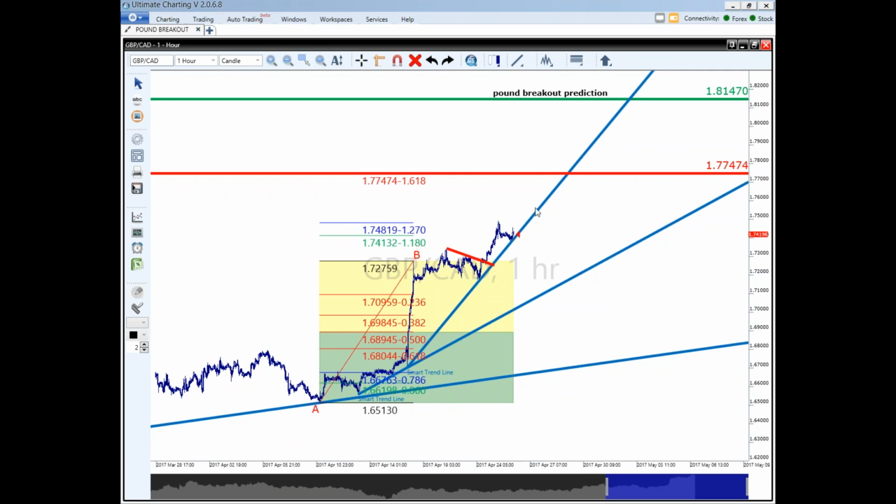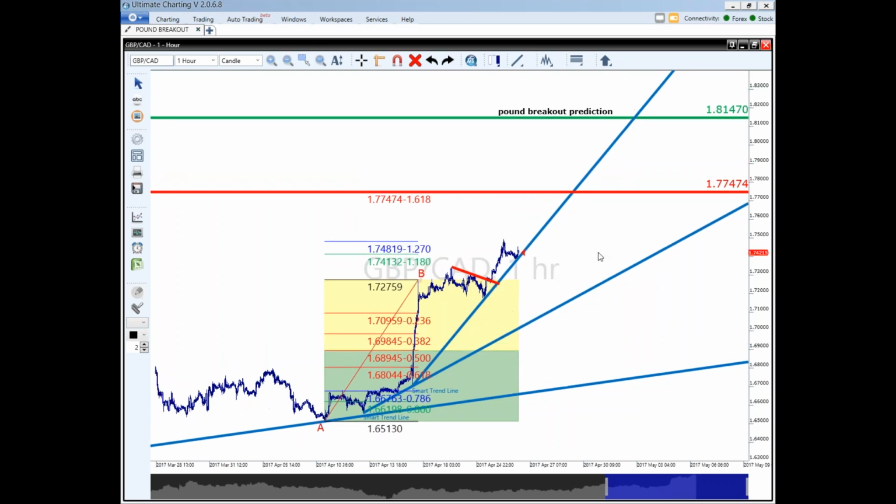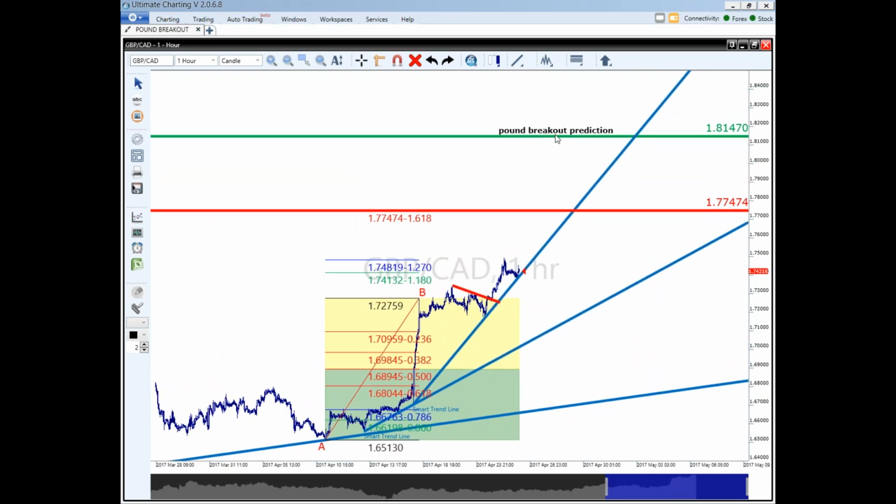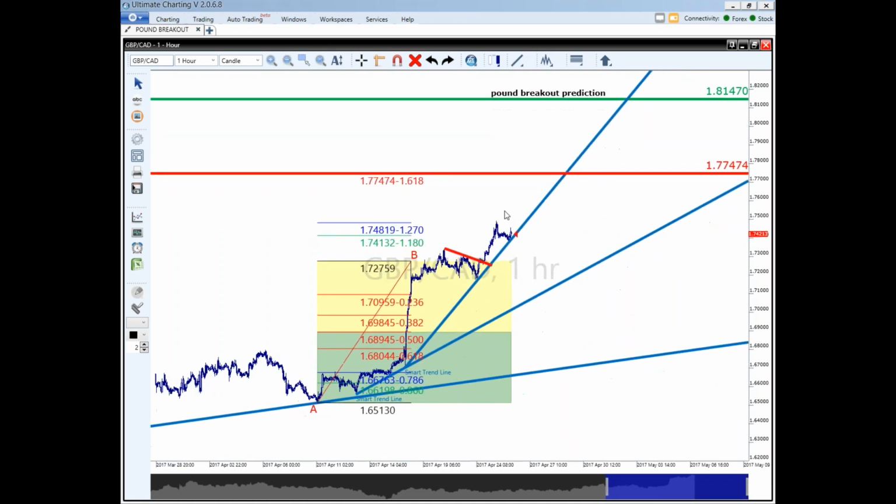and as the market's rallying and retracing, as long as we stay above the inner, outer, and long-term trend lines, obviously we'll be bullish. If this inner trend line breaks, we may have the possibility to retrace down towards the outer trend line or 382 bounce before climbing back up. But here's the pound prediction breakout price point target. Here's the Fibonacci D extension of this movement, which is at 1.77474.